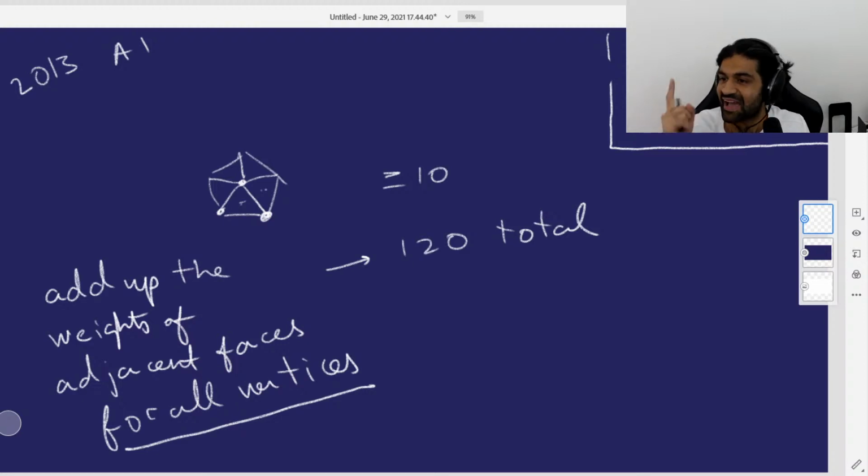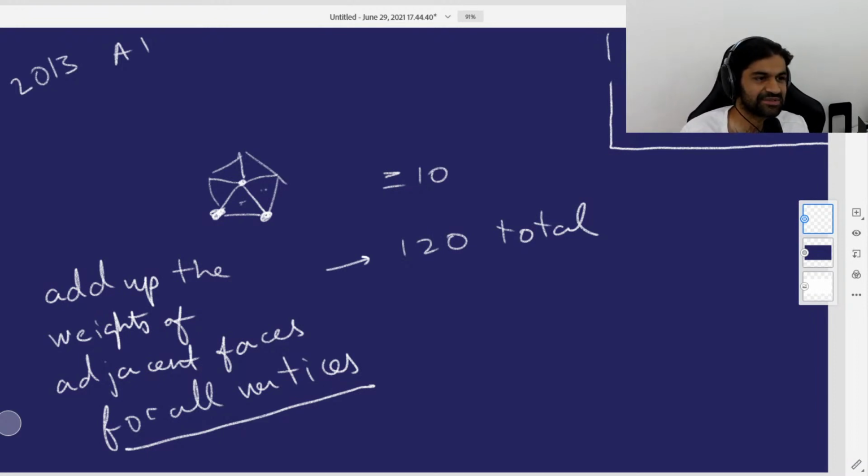And notice, as Ken has already pointed out, every face is counted 3 times in this, right? Every weight is going to be counted 3 times because every face contains 3 vertices. So you can divide this by 3.